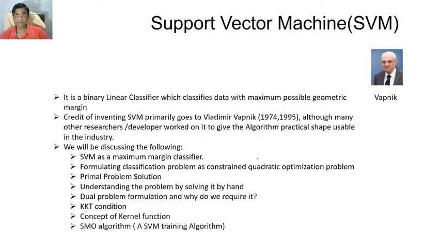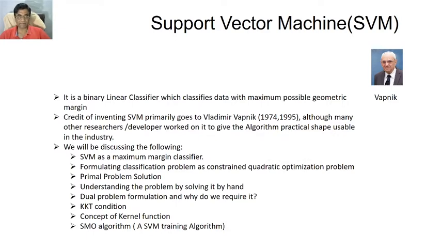And since quadratic optimization is a very well developed and very rich optimization tool, once you can formulate your classification problem as a quadratic optimization problem, then you can use the ready-made tools for solving the optimization problem, and these are available.